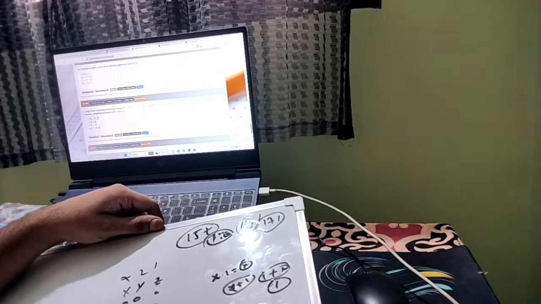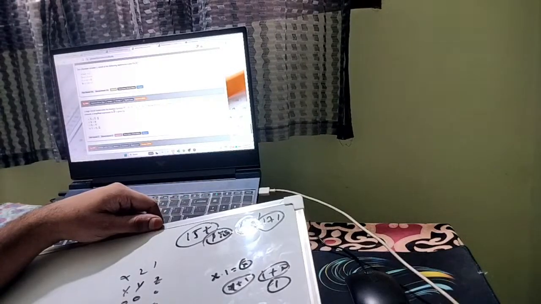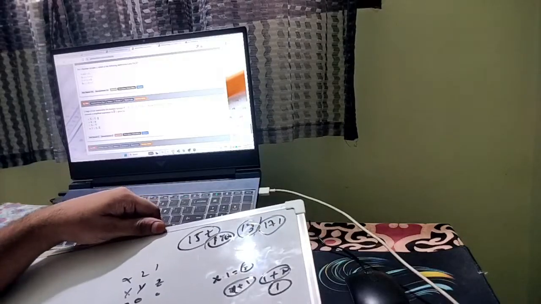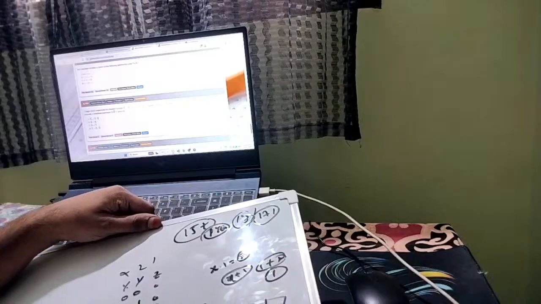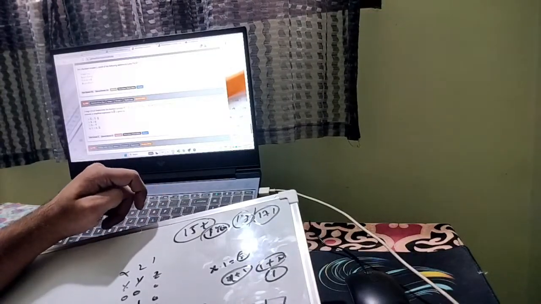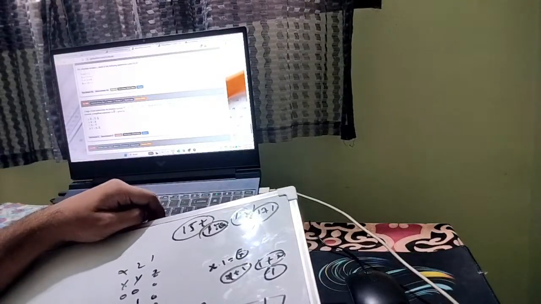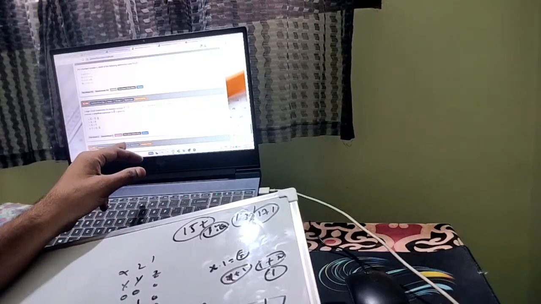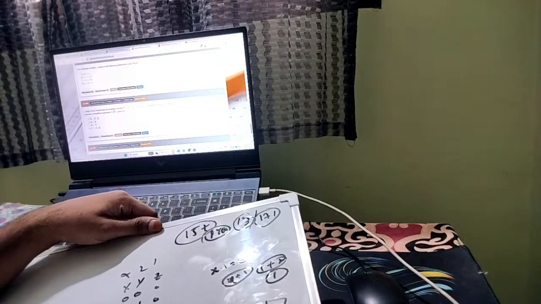X is 0, here y is 1, so it becomes 1. X is 1 means y bar. Y bar means 1, Z bar means 1. Here it is 1, Z bar means 0. So that will be 0.